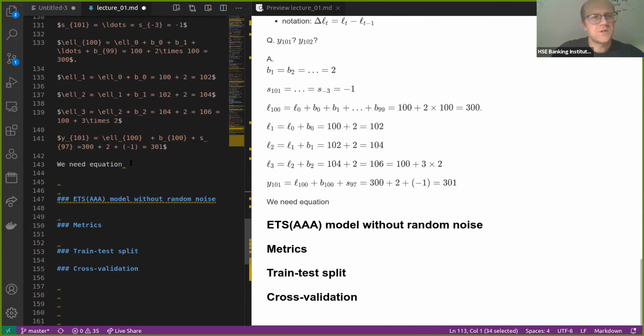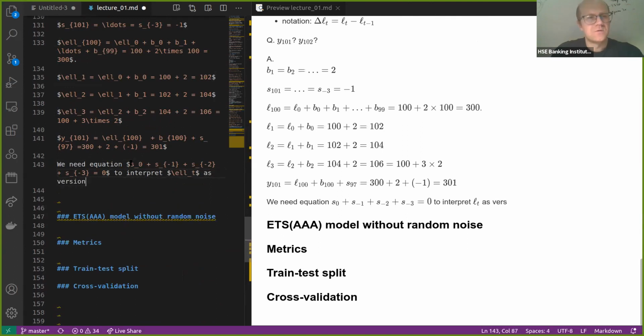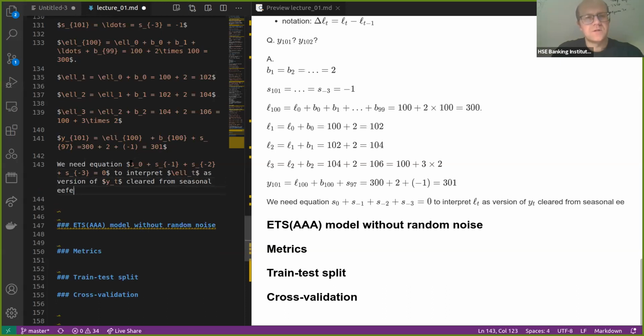We need this hidden equation to interpret LT as a version of YT cleared from seasonal effects. Otherwise, let me show the picture.